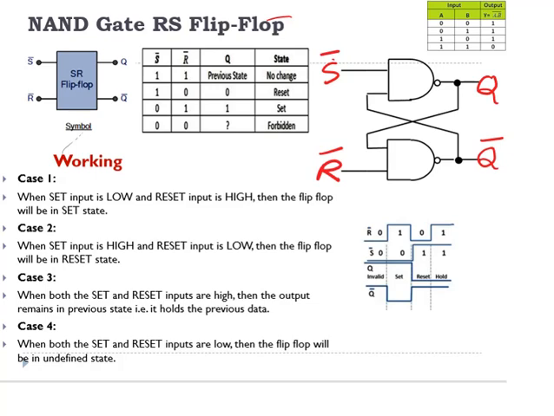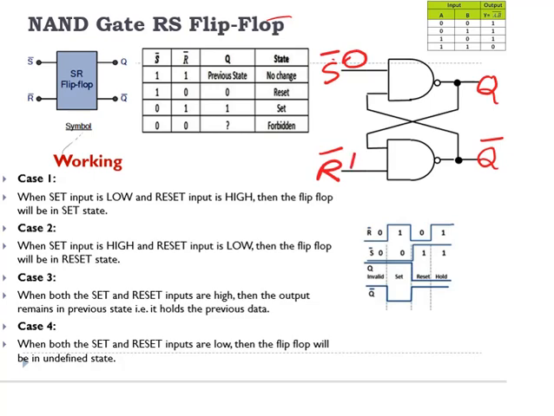So we will see different cases, the working conditions for this flip-flop. The first case is called the set case, when the set input is low. Remember, the set input here is represented as S bar. So S low means this input is 0 and the other input is 1.